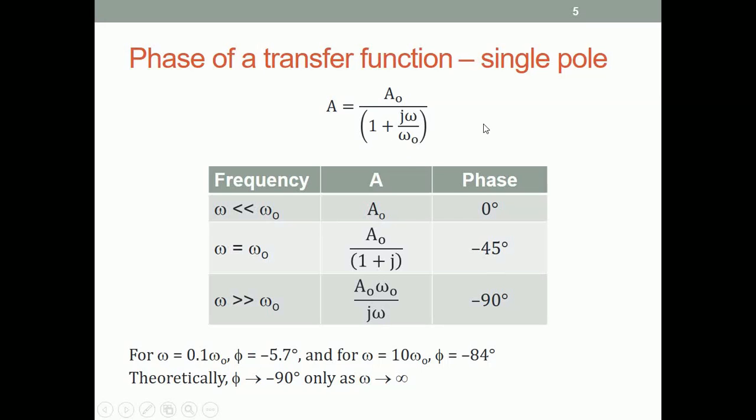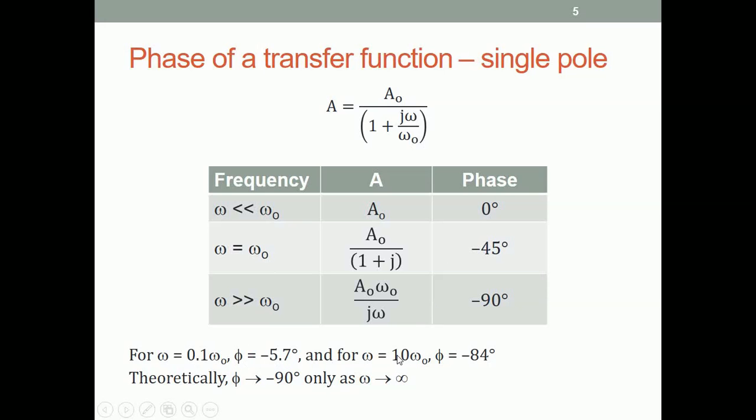So in the Bode phase plot, the phase is 0 at frequencies much less than the pole frequency, minus 45 degrees at the pole frequency, minus 90 degrees at frequencies much greater than omega 0. So these are approximate numbers. So for omega equal to 0.1 omega naught, so 1 decade below omega naught, the phase is minus 5.7 degrees.